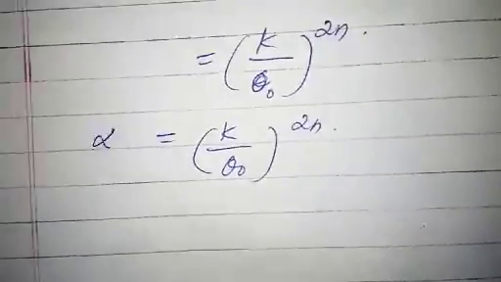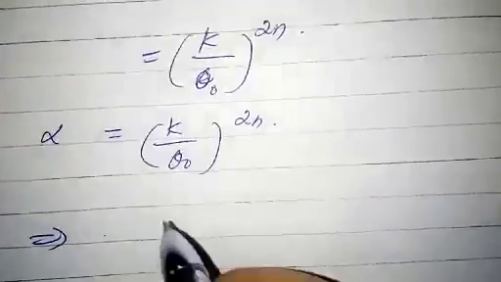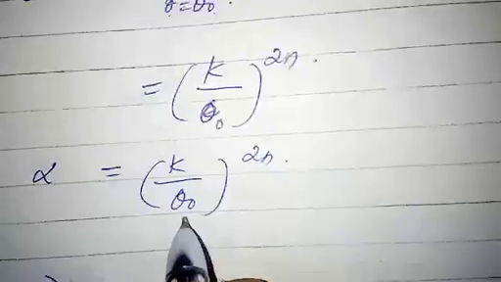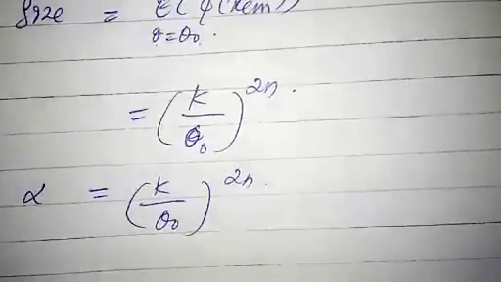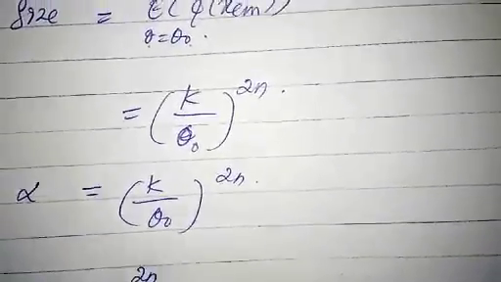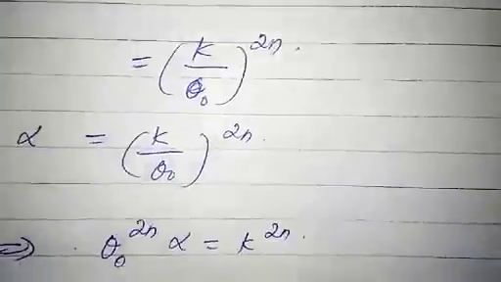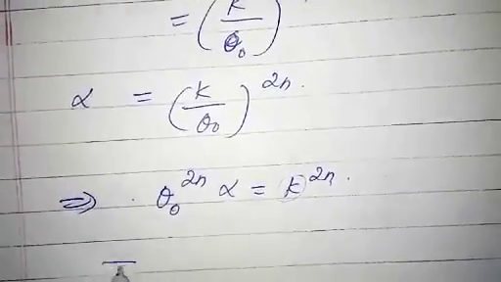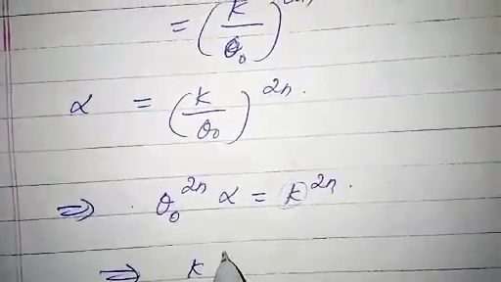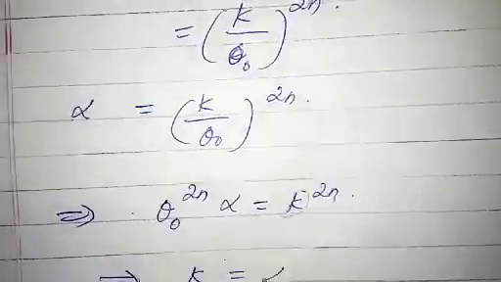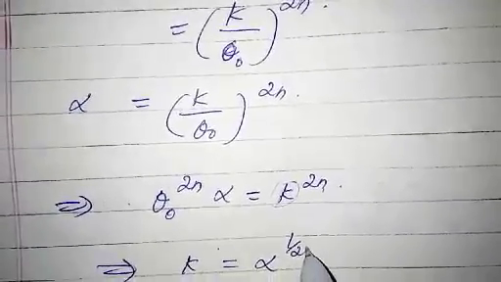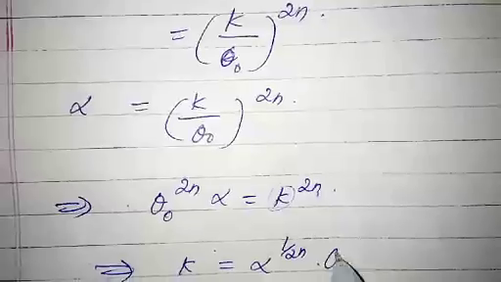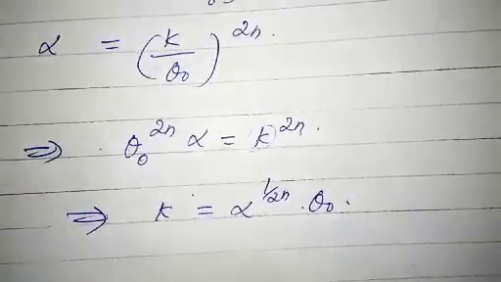Which implies theta naught power 2n times alpha equals k power 2n, right? Then k equals alpha power 1 by 2n into theta naught.